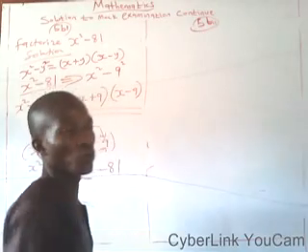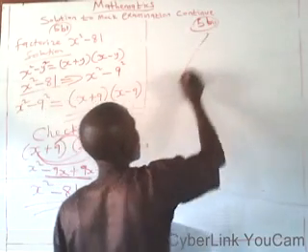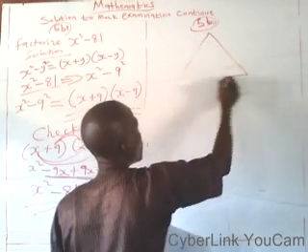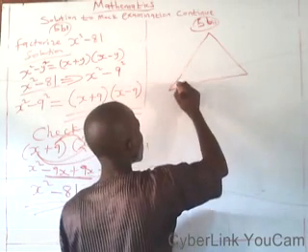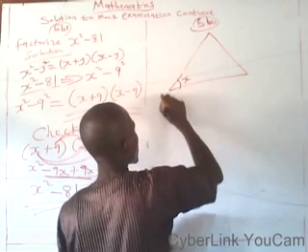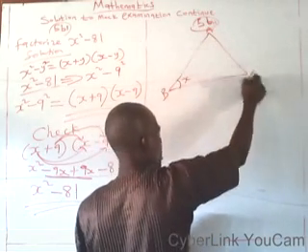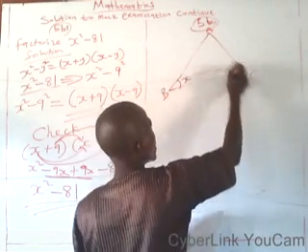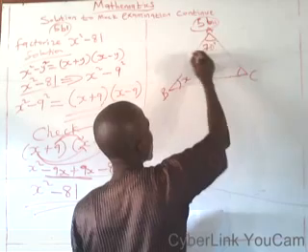Now we are given a triangle. In this triangle, we have this place to be x. This is capital letter B, this capital letter A, capital letter C. And this place is 70 degrees.